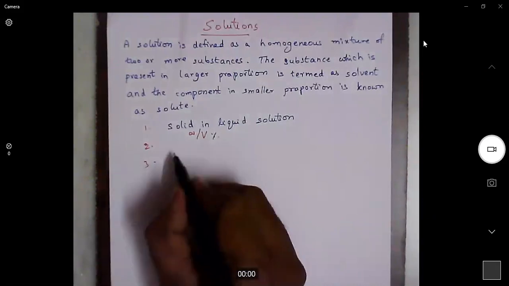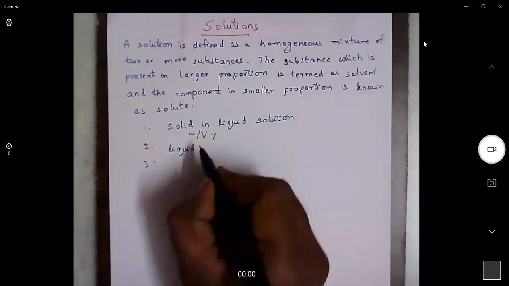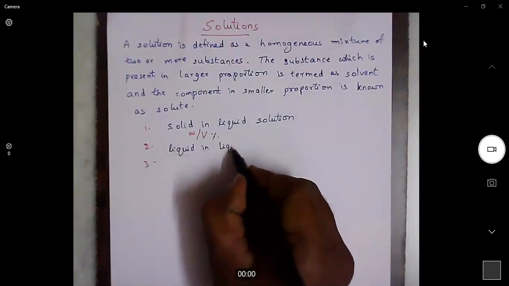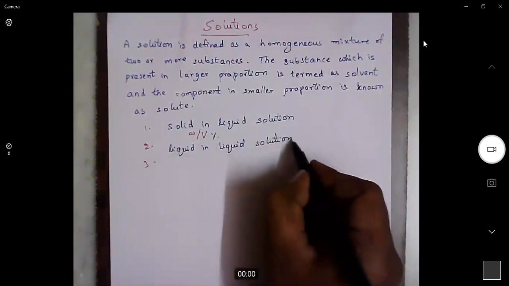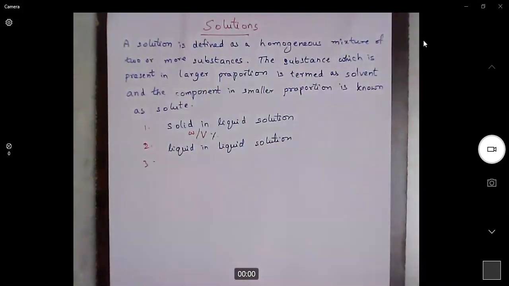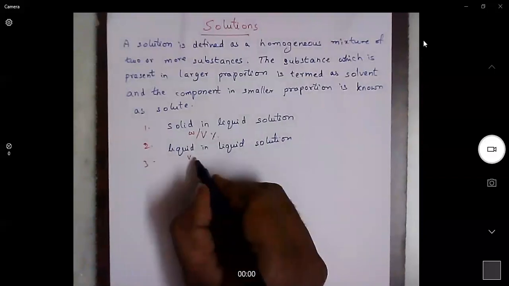The second type is liquid in liquid solutions. How do we prepare them? Liquid can be measured in volume and liquid can be measured in volume.